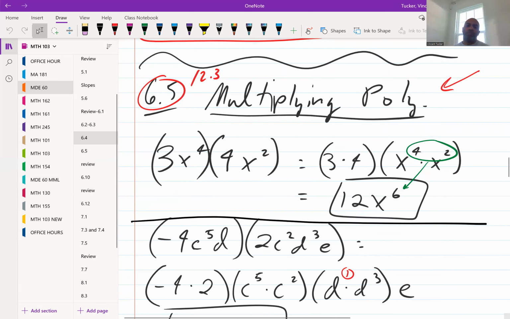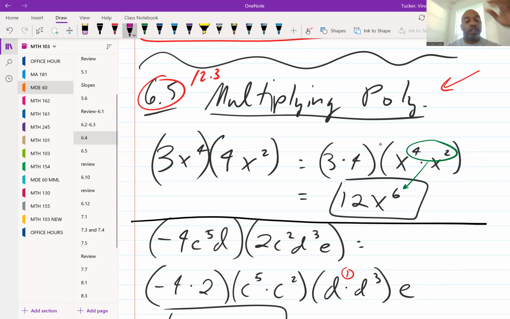All right. So when we're talking about multiplying polynomials, let's look at just multiplying single terms. We have 3x to the fourth times 4x squared. So you multiply what you can together. So 3 times 4, and then x to the 4 times x squared. 3 times 4 is 12.